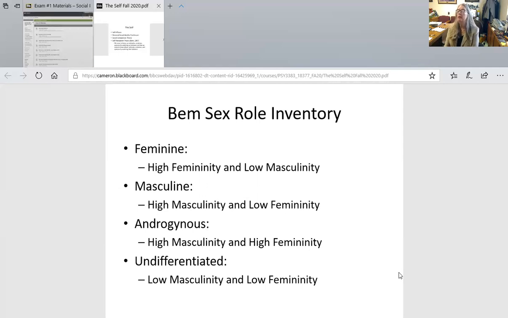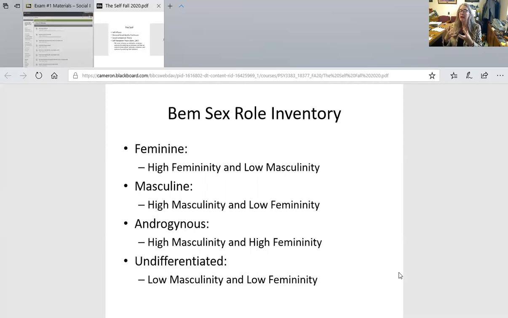So when BEM's inventory calls someone masculine, what that means is not only did they score high on the masculine scale, so those 20 adjectives were good descriptors of who they are, but also the 20 feminine adjectives were not good descriptors of who they were.